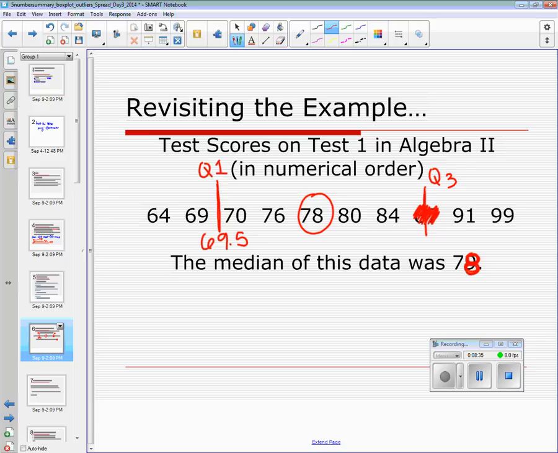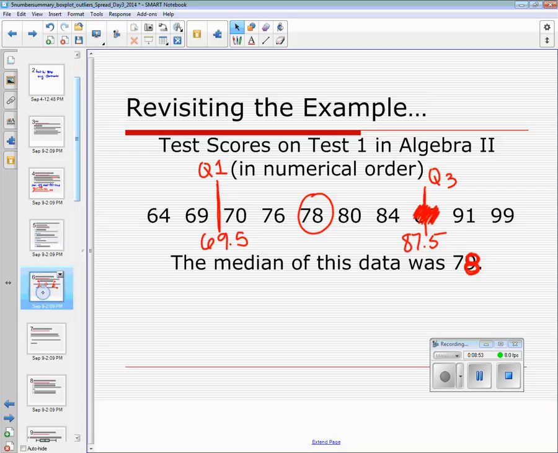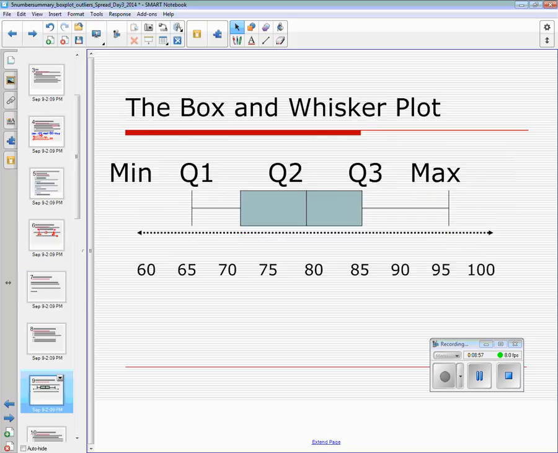That should be what the calculator gives you as well. So we have quartile 1, median, quartile 3, and we have our min and our max. Could you produce a box plot? Sure. We could do it by hand. You should know what it looks like. It should look something like this, okay?